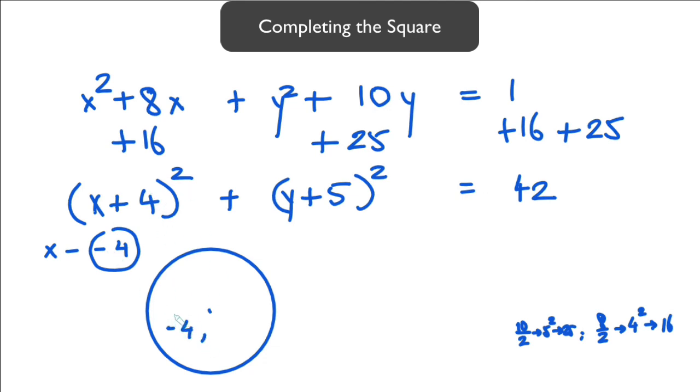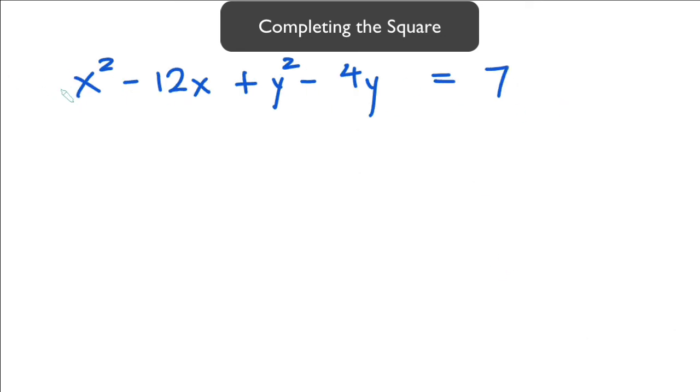That's why this problem is slightly more complicated. And then here, as you would have guessed, you're going to have a y minus negative 5. So you need to have the minus in front of this whole number. So therefore, this negative 5 is going to be the center of the circle. And then the radius is going to be not just 42, it's going to be square root of 42. The radius is always the square root of this number.